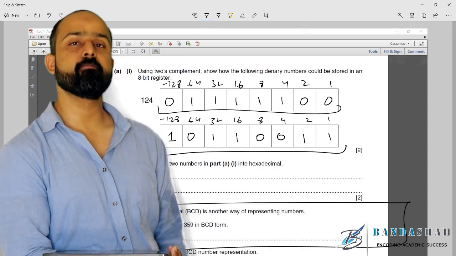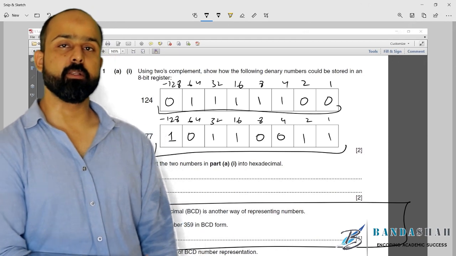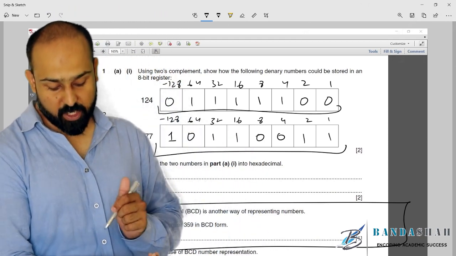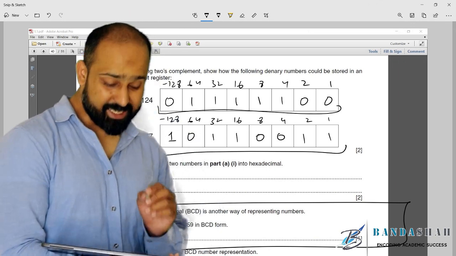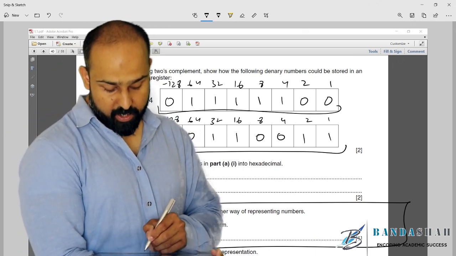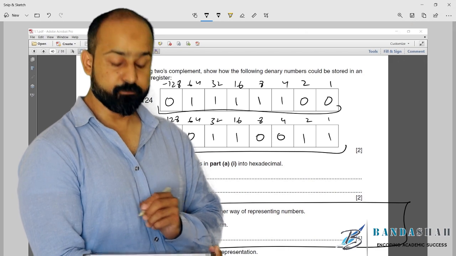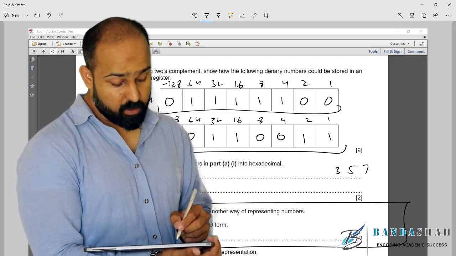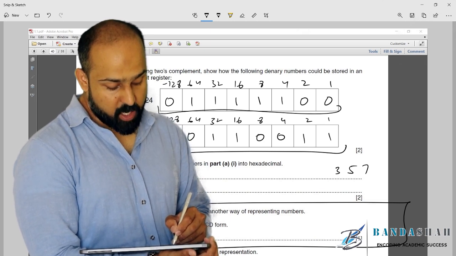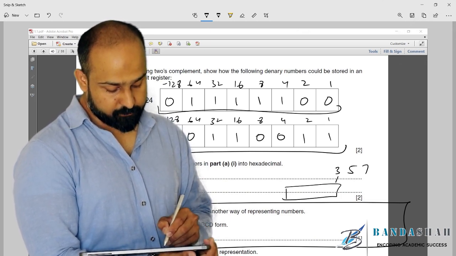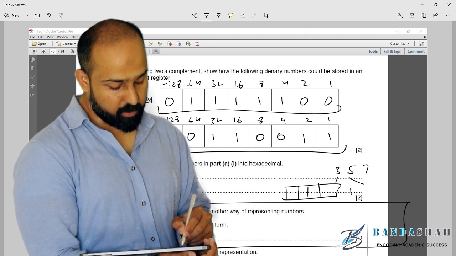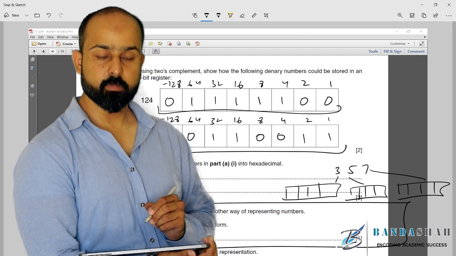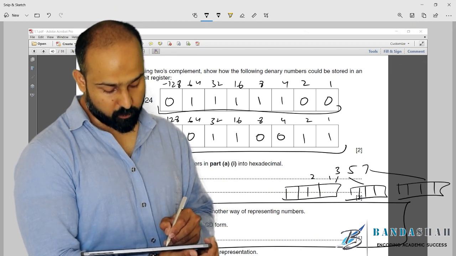BCD, binary coded decimal. It's a pretty simple and easy thing. There's nothing special in it. The only thing in BCD is, for example, if any number is given like 3, 5, 7, whatever, you just give every number 4 bits. 3: 1, 2, 4, 8, you know that.